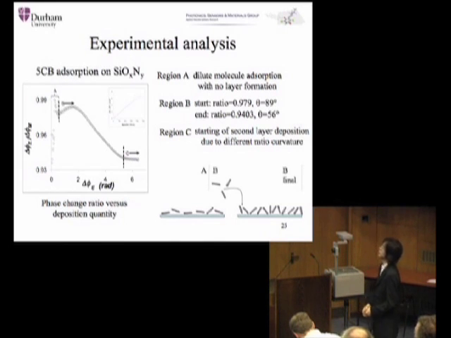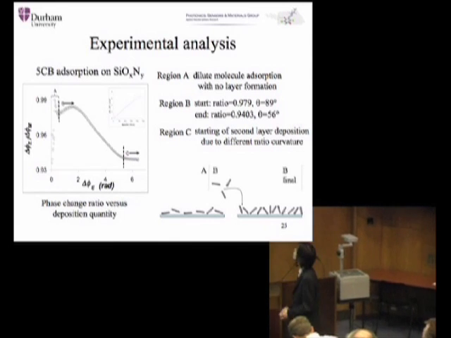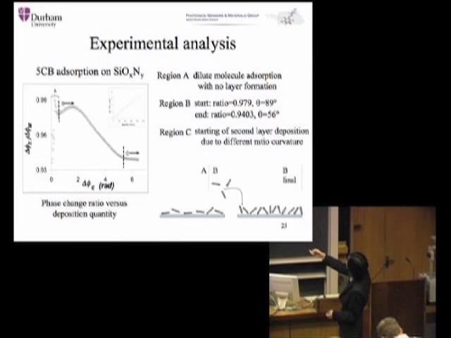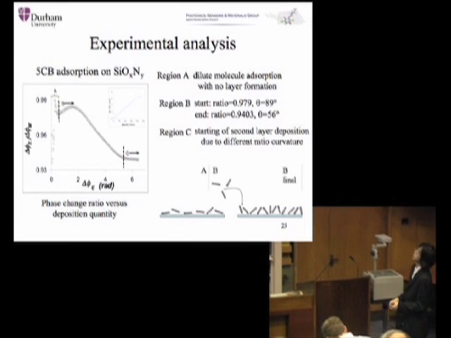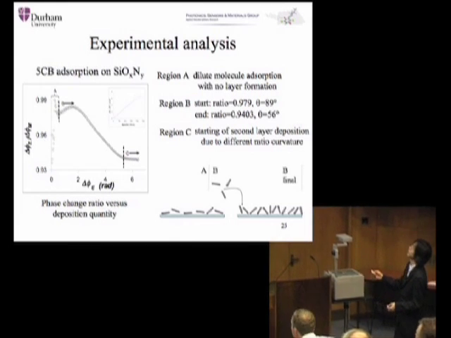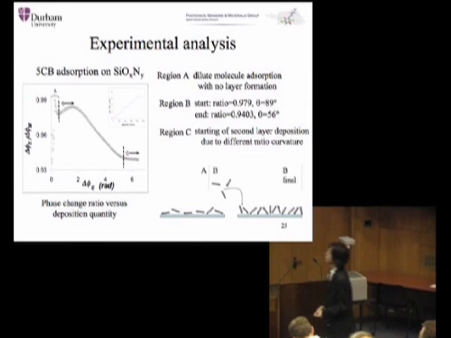The reason for this phenomenon, I think, is probably the self-organization behavior of liquid crystals. In region C here, we see a flattening out of the curve, which probably means the start of the second layer deposition due to the deposition curvatures.